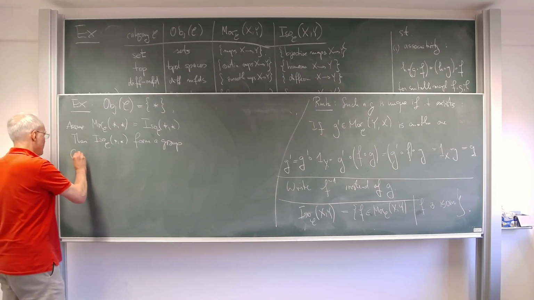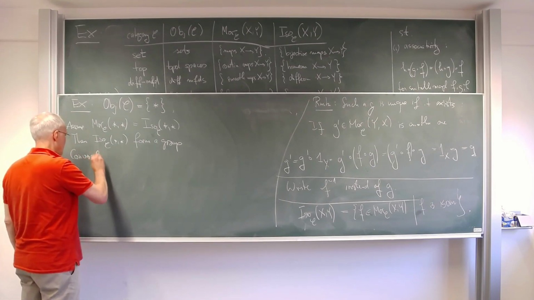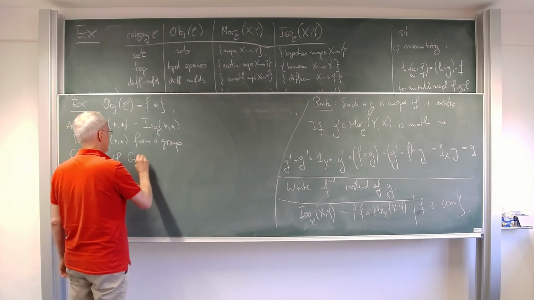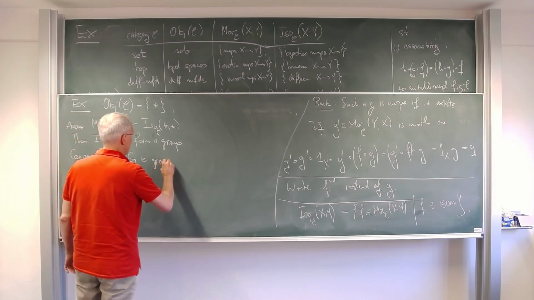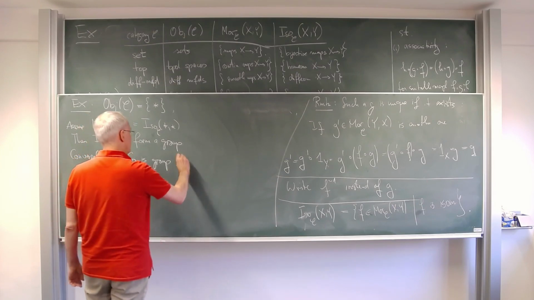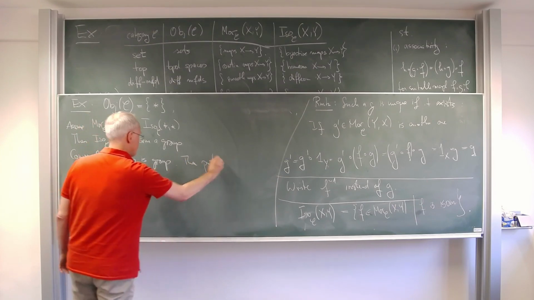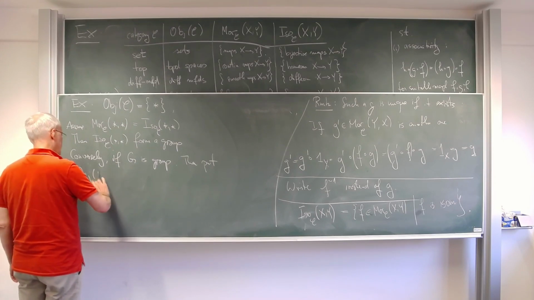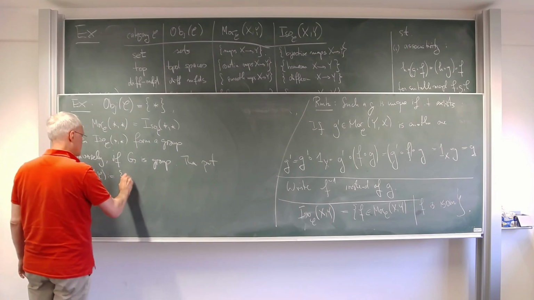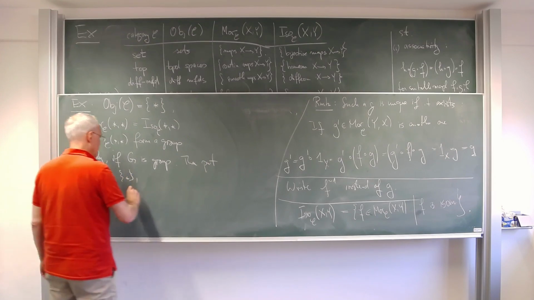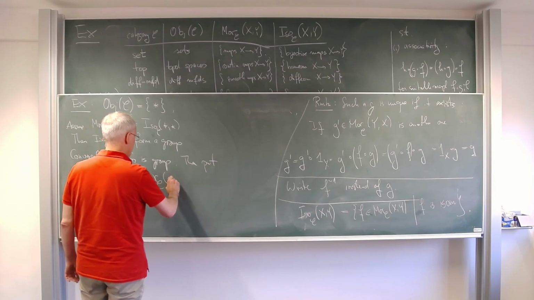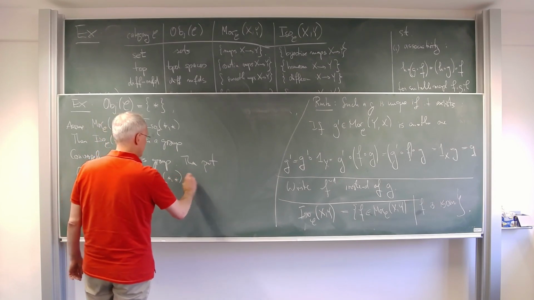Conversely, if G is a group, then put the objects of my category to just consist of one object, and put the morphisms to be this group.